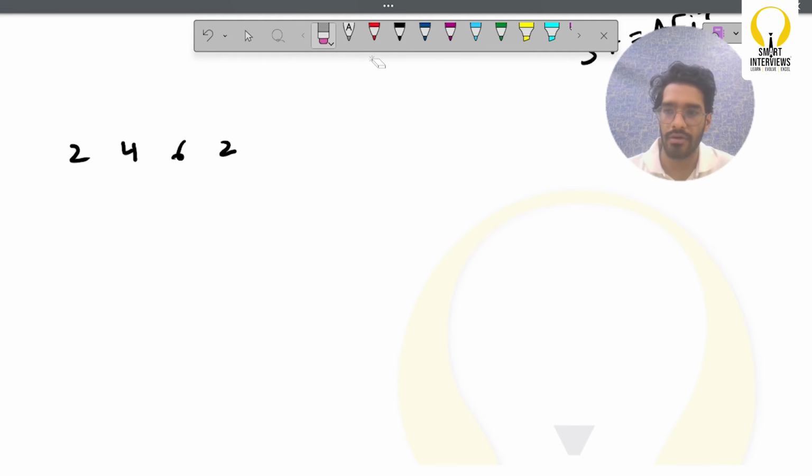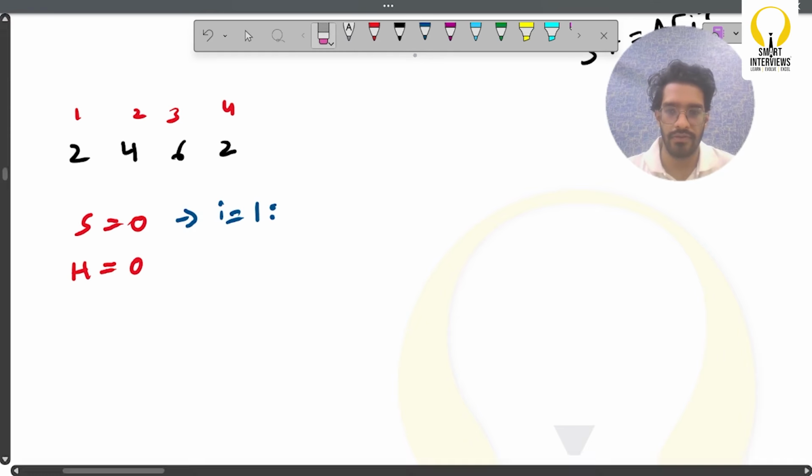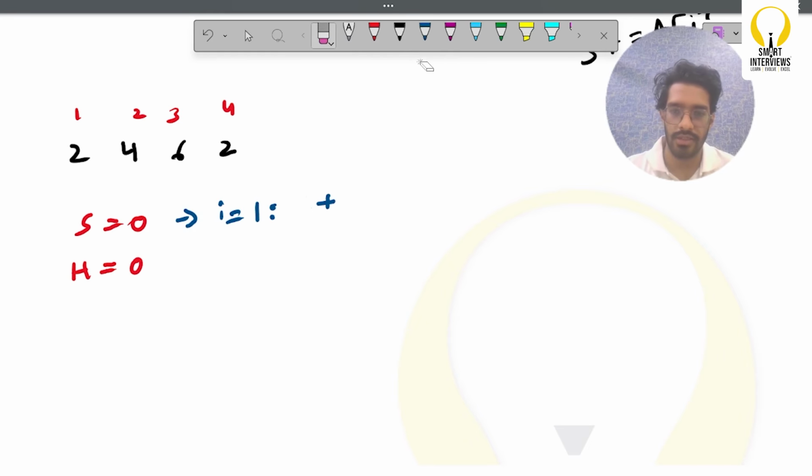Now you have 1 based indexing. So s is initially 0, h is initially 0, right? Now when I is equal to 1, what happens? You will check if s plus, basically 0 plus 2, is it not matching with 2 into s, which is 0? Is it matching? No. So happiness value changes to 1.